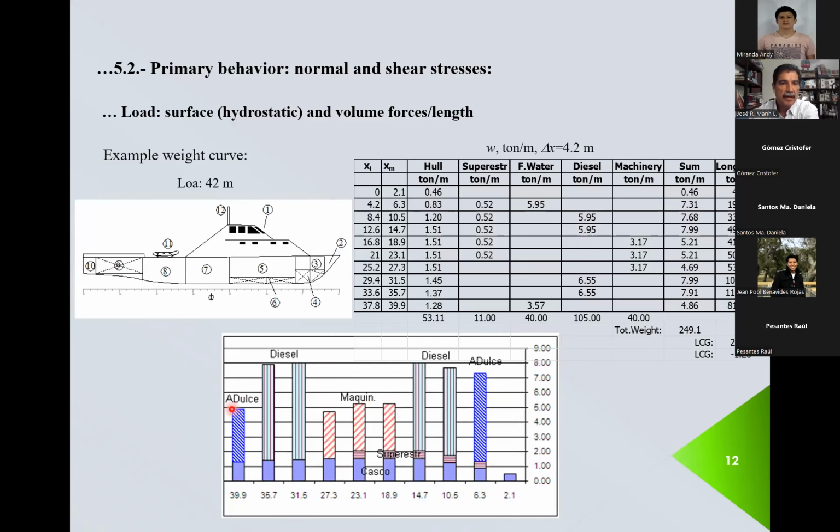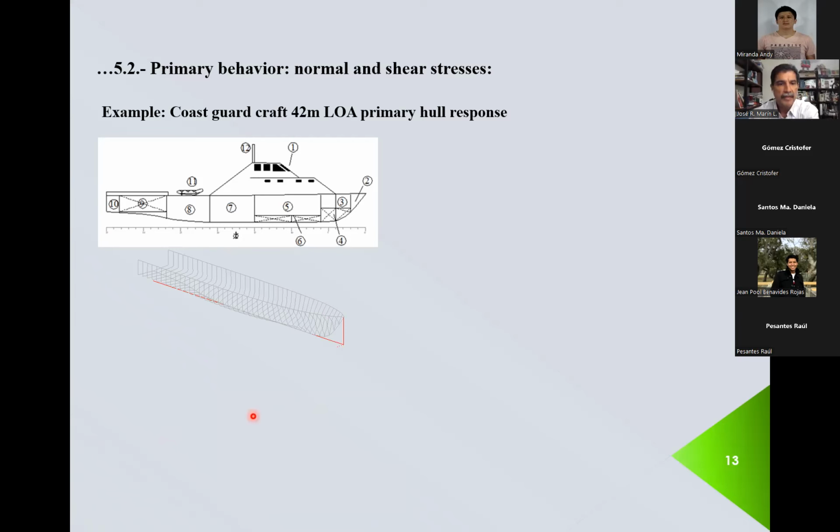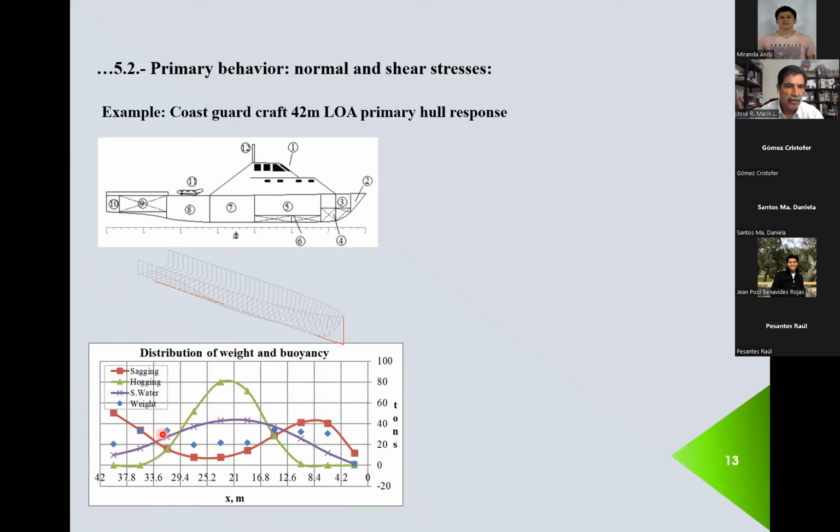Here I have the weight distribution. These values we have as dots here in blue. The other curves are continuous, and those are the buoyancy. This is for still water. In the central part, this magenta is the distribution. In the midship area you have a larger buoyancy because the section is larger: you have more draft, more beam.